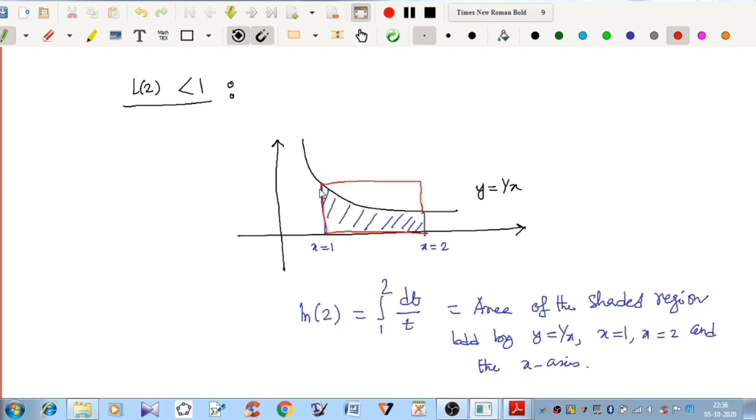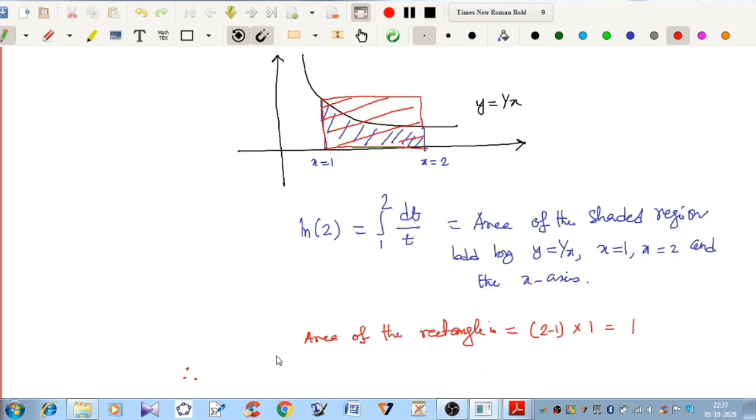The area of this rectangle is strictly bigger than the area bounded by the curve y equal to 1 by x, x equal to 1, x equal to 2 and the x-axis. So obviously log 2 is strictly less than 1, that is equivalently 2 is strictly less than e.